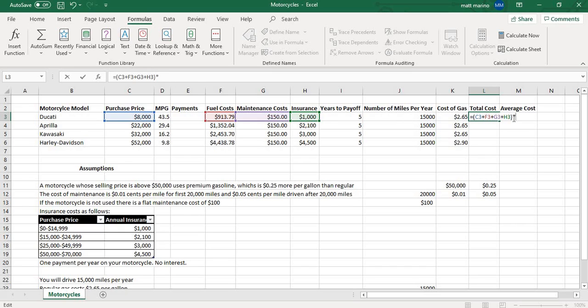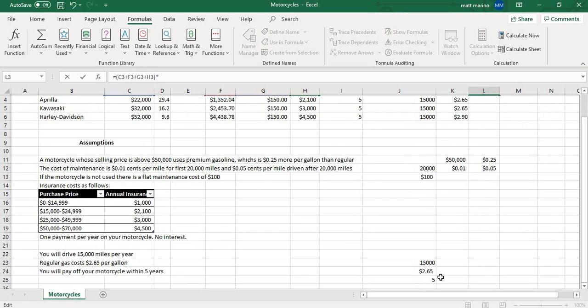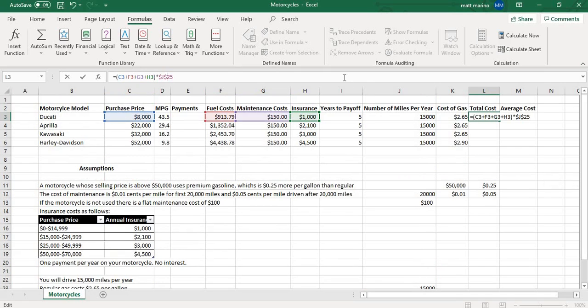We need to multiply this by our assumption of 5 years, which is down in cell J25. And you'll notice here that absolute cell references are where it's at when we change this formula to refer to J25 as an absolute cell reference. Because once I enter, we have our total cost. To pay off the purchase price of the Ducati over the course of 5 years will cost you 50,000 grand.